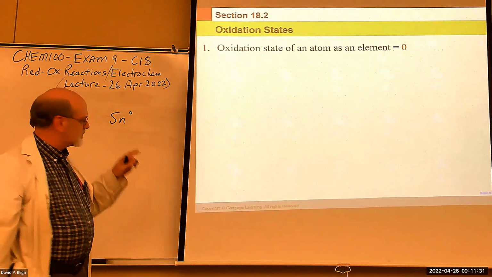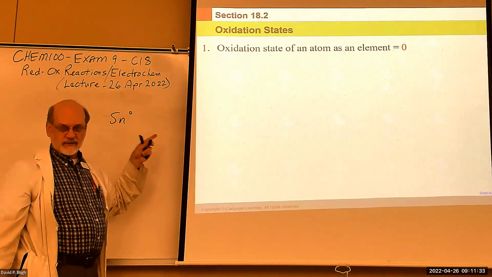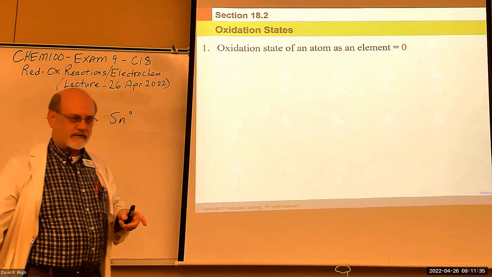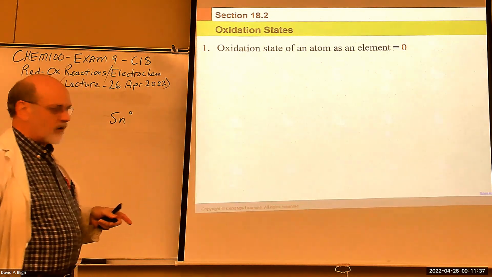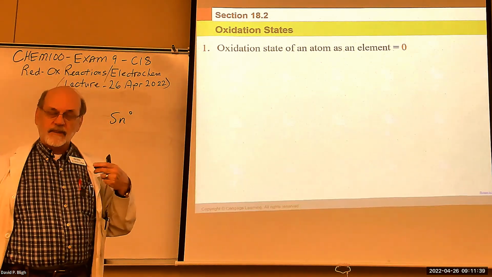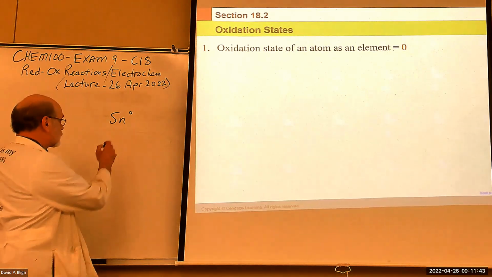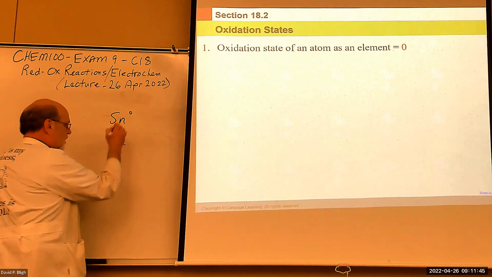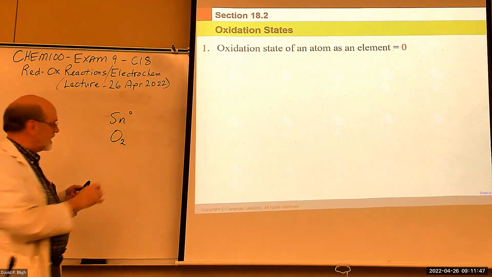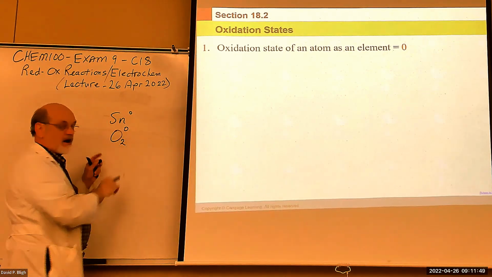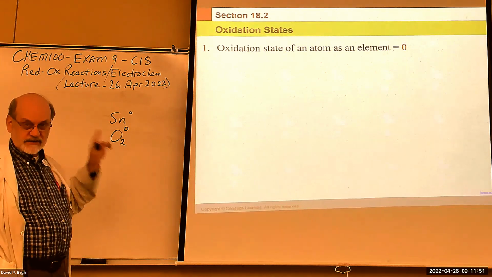And we put the oxidation state up here where the charge would normally be, just to keep track of things. We can say this under standard conditions. This would be elemental oxygen. And the oxidation state on each one of those oxygens is zero.